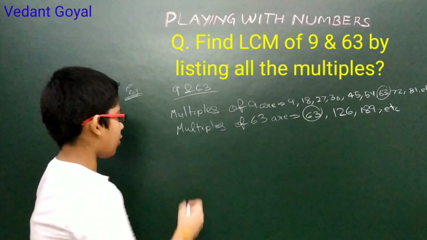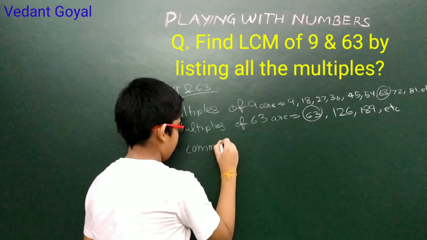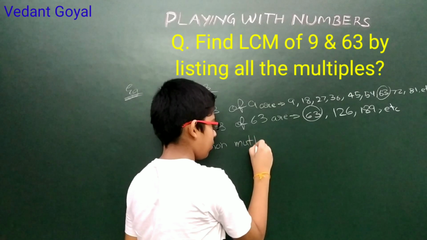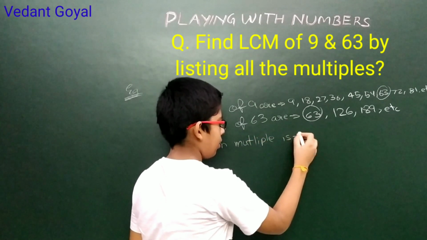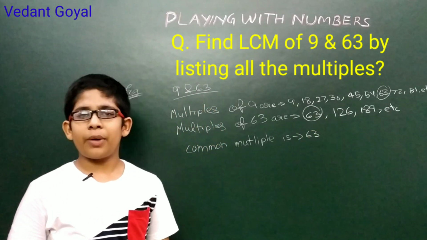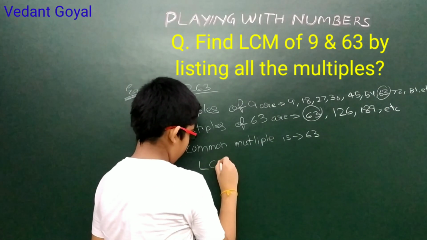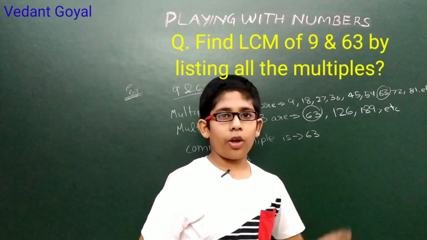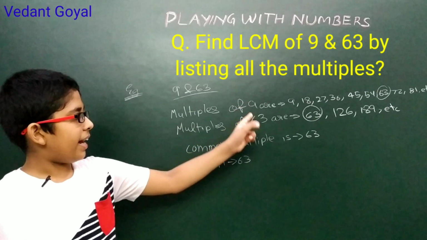So the common multiple is 63. And what is the lowest common multiple? The LCM is also 63, because it is the smallest multiple of 9 and 63 both.